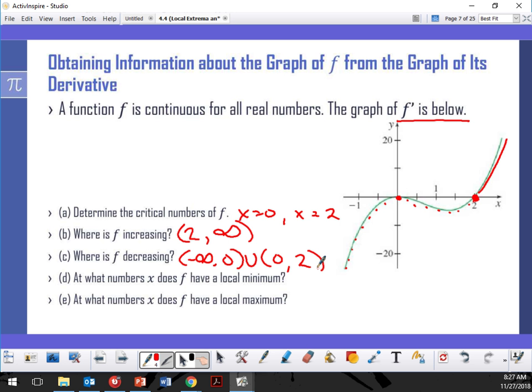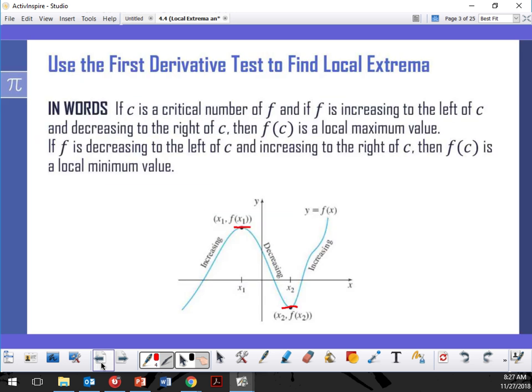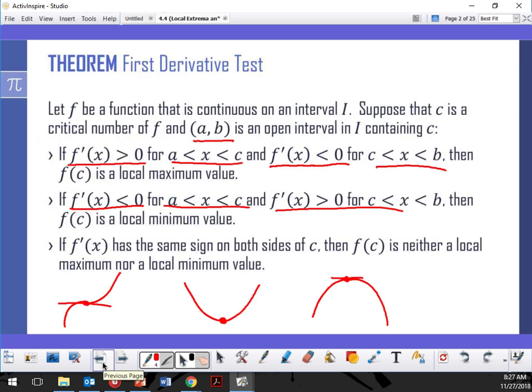At what numbers x does f have a local minimum? Okay, what were the rules for a local minimum? It's going to be 2. No, not 2.